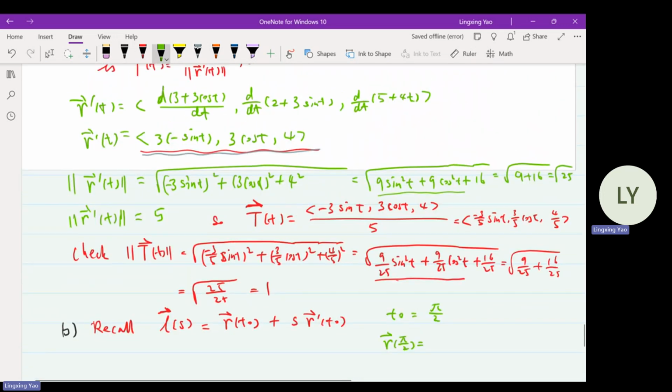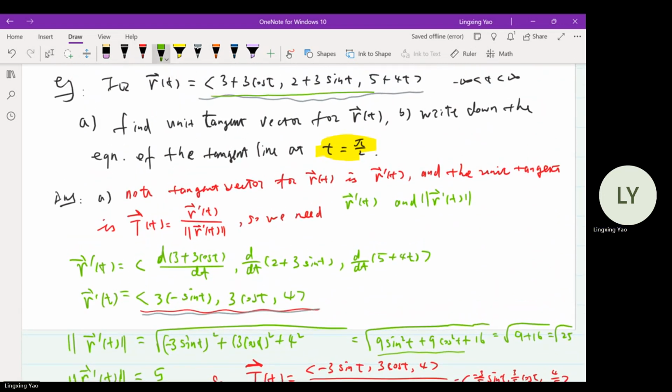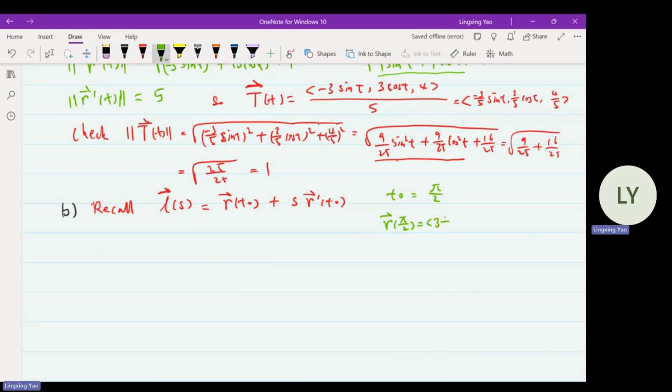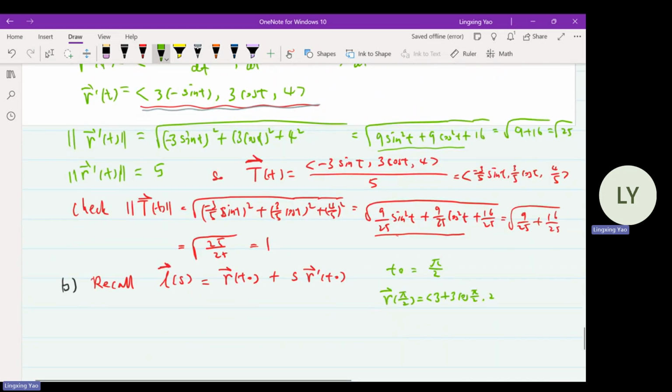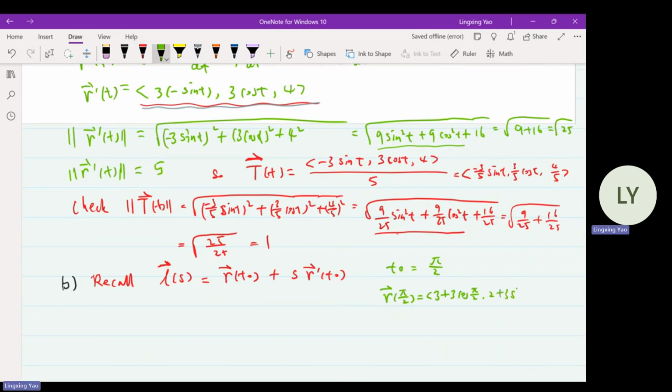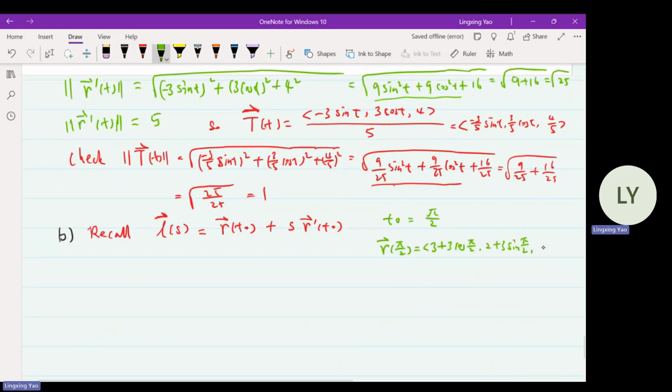Okay, so where is r? R is here. Be patient. We just plug in t equals pi over 2. So we get 3 plus 3 times cosine pi over 2, and then 2 plus 3 times sine pi over 2, and then 5 plus 4t, which is 4 times pi over 2.